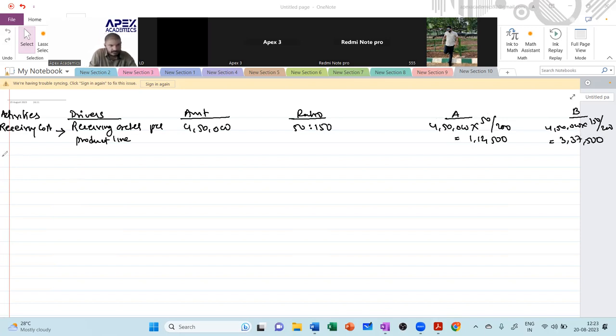Next, engineering cost. The driver is the number of production orders. What is the cost? 3 lakhs.